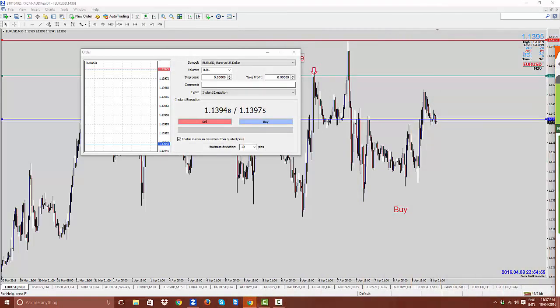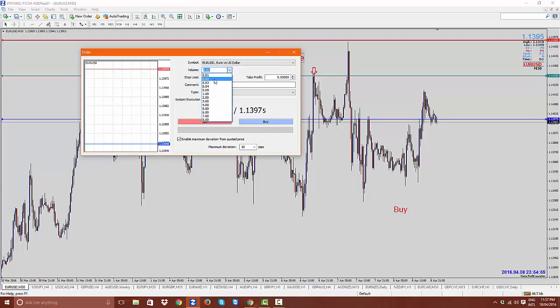I wish I could explain this in a better way, but let's not confuse this too much. The only thing you need to know is this is your trade size. For starting out, I suggest not going any higher than 0.01 or 0.02. As for the starting deposit, when I started out I just put in $200, even lower than that.